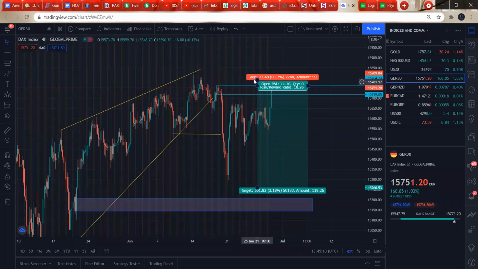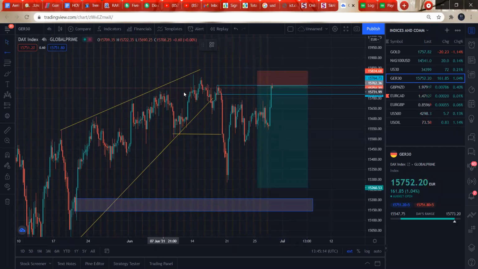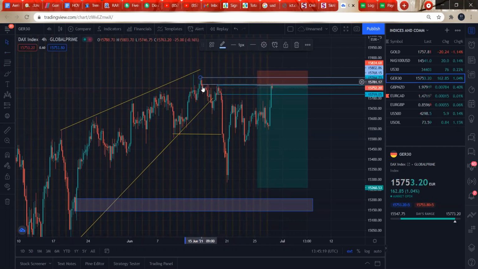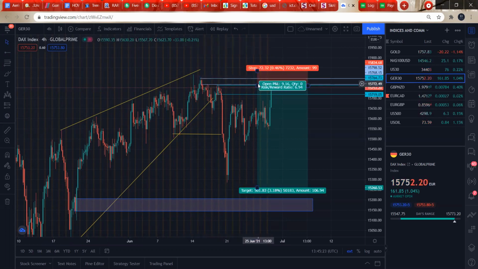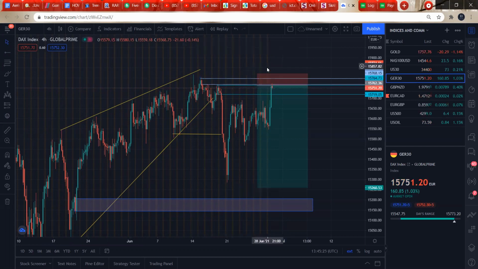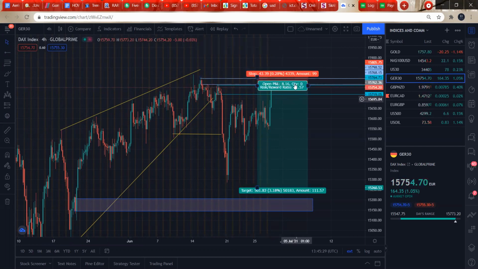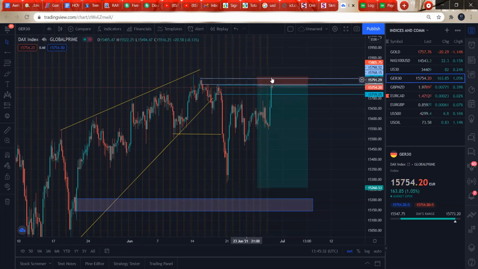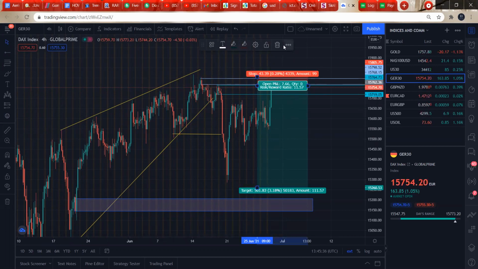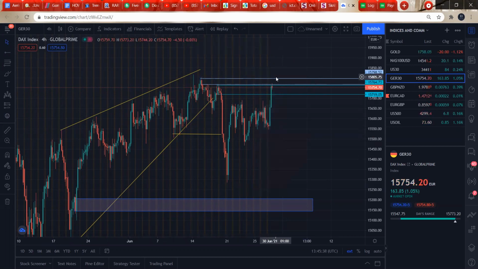I don't want to put a stop loss way up here, because this is the ultimate stop loss. Instead, I will wait for it. If it comes to this top, I'm going to enter another position.